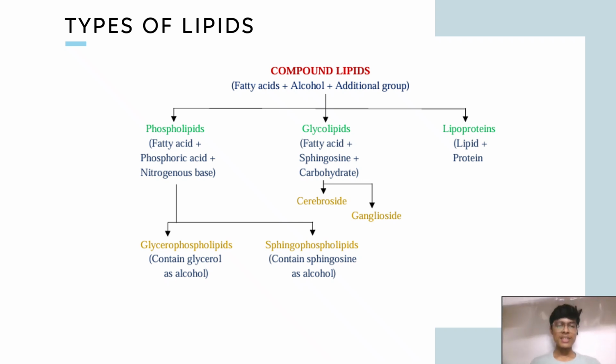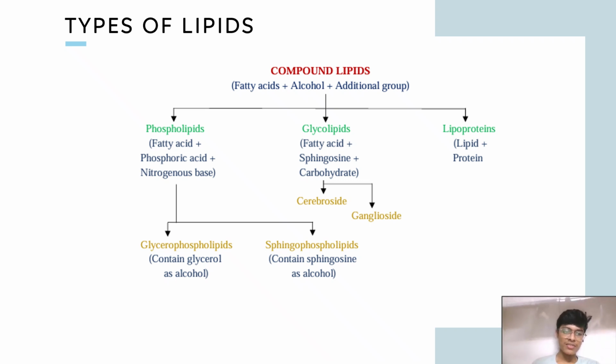So the compound lipids are further classified into three types named phospholipids, glycolipids, and lipoproteins. The first one is phospholipids, in which the basic structure is attached to a phosphate group. In glycolipids, the fatty acids are attached to carbohydrates, and lipoproteins are lipid plus protein bonds.